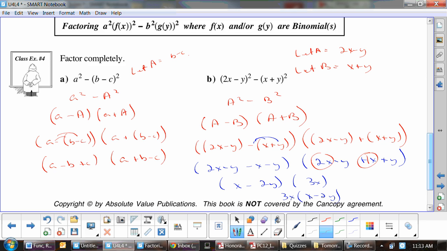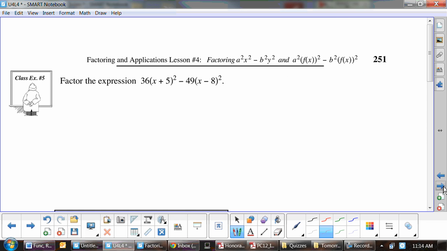That's your 3x. And then a negative y plus y, gone. So 0 y's. Okay? Again, if you go to the notes in the book, they're not going to show you how to do it with the substitution method. Same with this one.